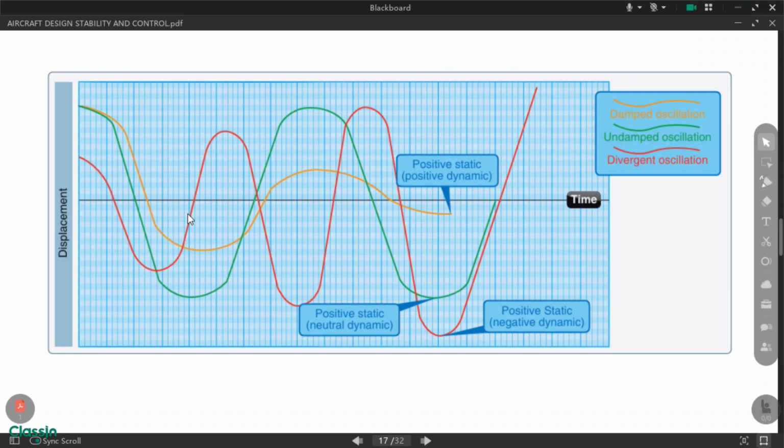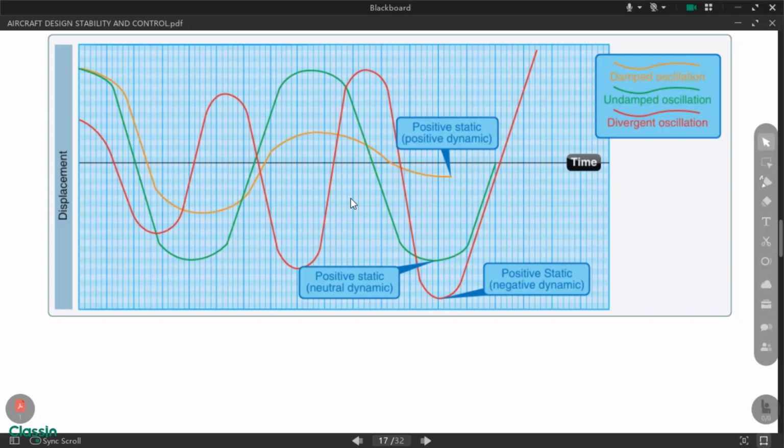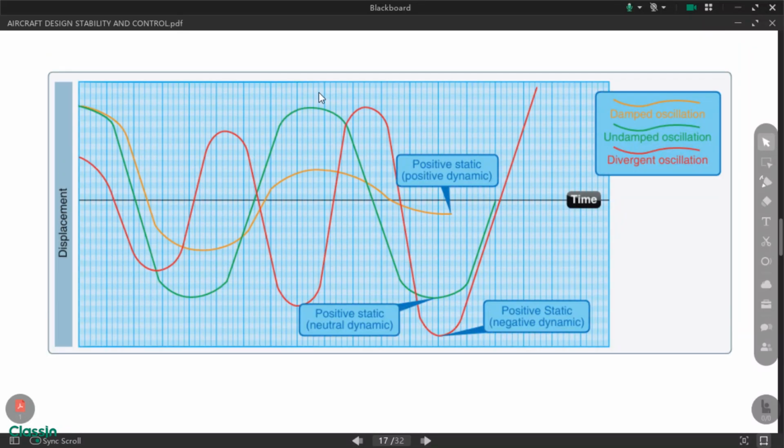So for this one, no damping exists. You would see na yung oscillations natin, they remain constant. And then finally, yung third curve natin, yung pula, this shows oscillations increasing over time. No? Each cycle, it shows a larger peak than the previous one. This is negative dynamic stability. Okay?